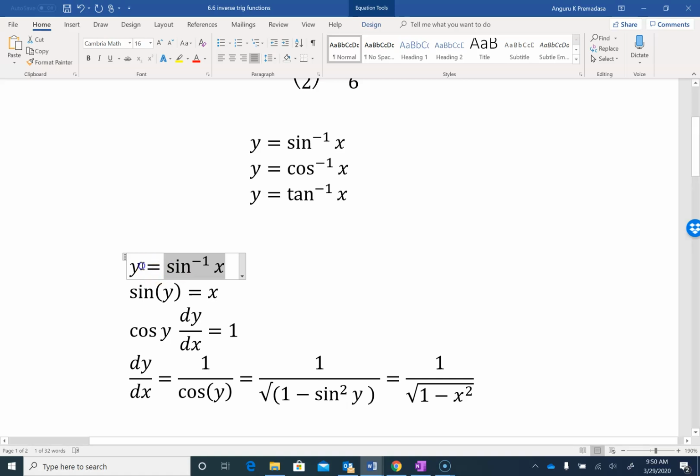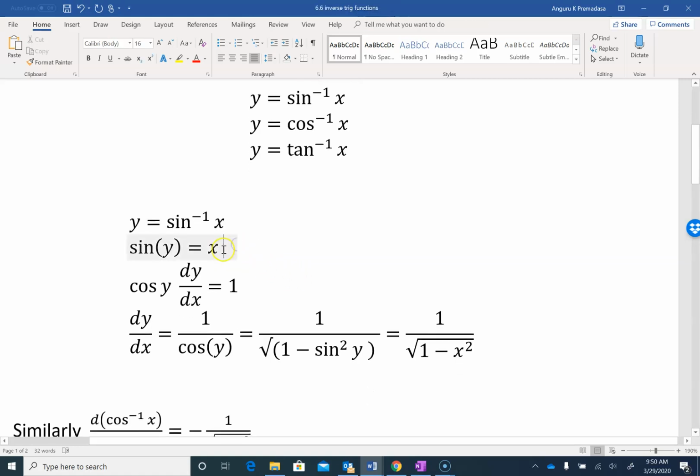So if that angle is y, then we know that the sine of y is equal to x. Same way, if y equals tangent inverse x, tangent of y is equal to x. If y is equal to cosine inverse of x, then cosine y is equal to x. I'll do it for sine inverse so that the argument will follow the same for the other inverse trig functions.